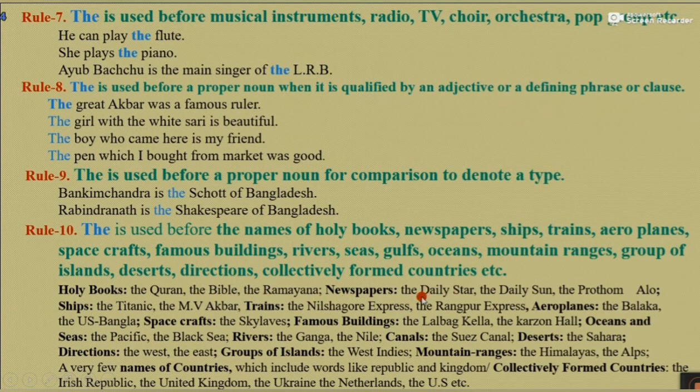Newspapers: the Daily Star, the Daily Sun, the Prothom Alo. We use the before the name of a ship, the Titanic. The US, the UK, because they are collectively formed countries.